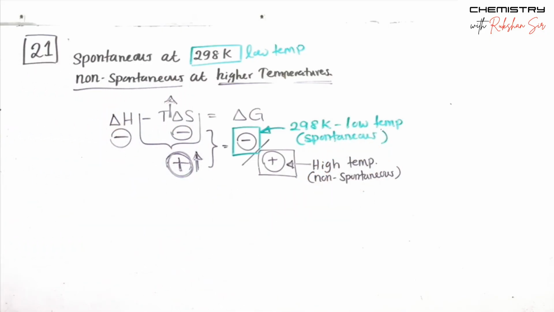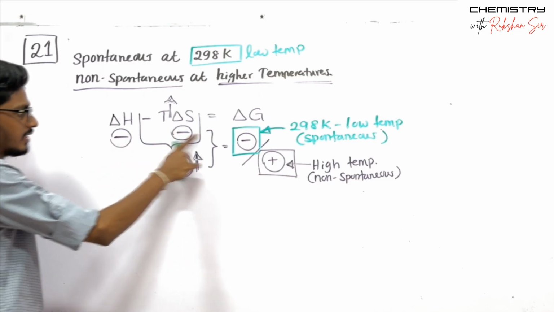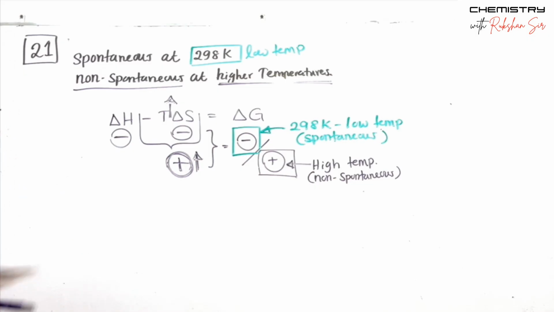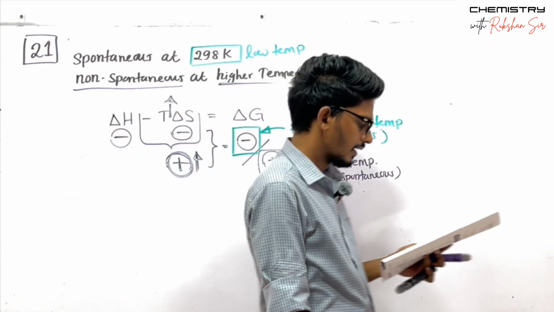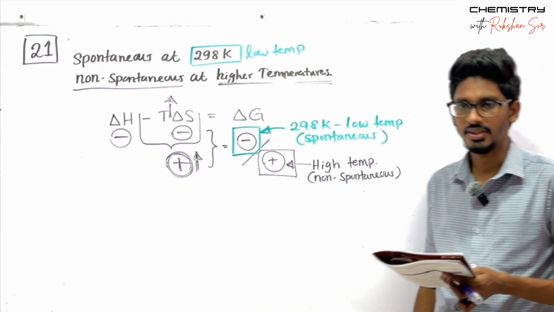At low temperature, spontaneous, so delta H is minus, delta S is minus, and delta G is also minus at 298 Kelvin. They are referring to 298 again, so all the signs should come out as negative values.